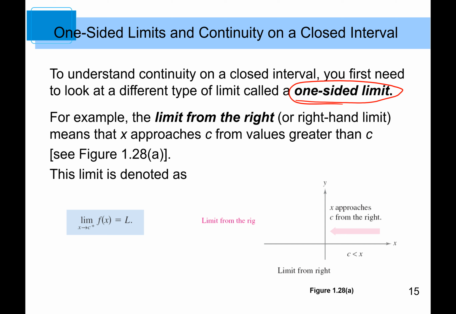So limit from the right means that x approaches c from the right side, right? It's going this way. So the limit is denoted as limit x approaches c plus. Plus means right side.